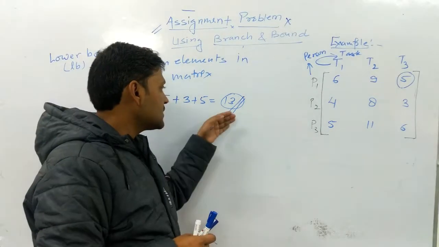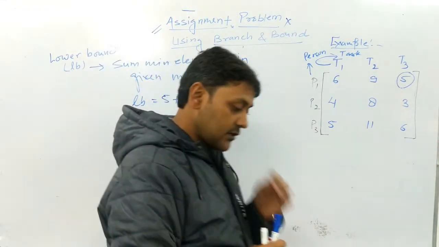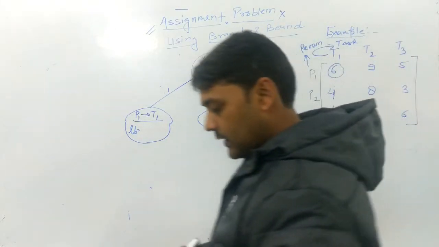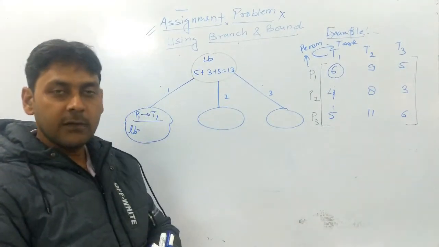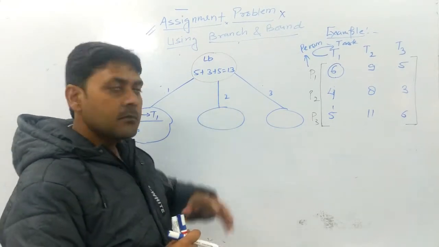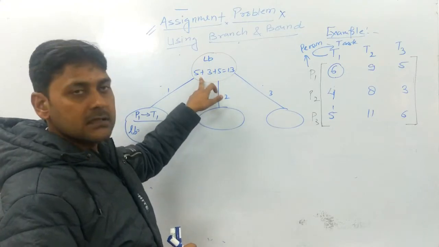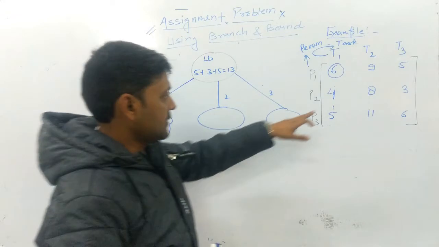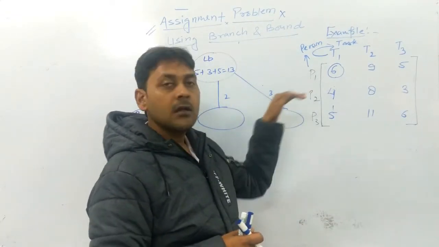If your answer is lower than 30, then your solution is wrong. So we have discussed the lower bound value and why it is necessary to solve this problem. The lower bound is 5 plus 3 plus 3, the minimum in each row.